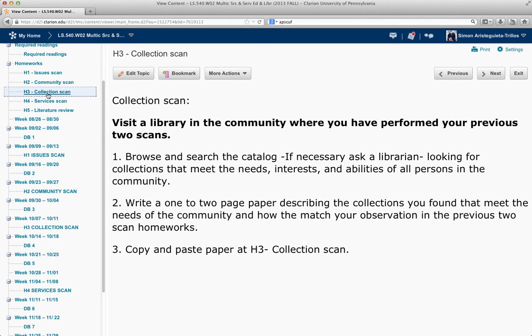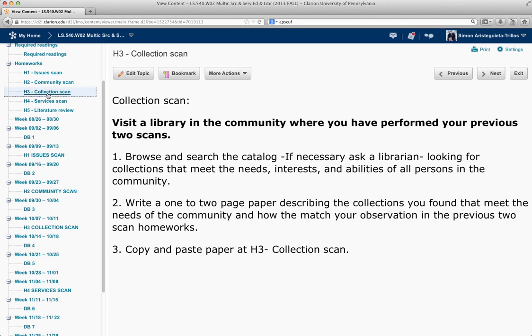homeworks, H1 and H2, because I want you to write a 1 or 2 page paper describing the collections you have found that meet the needs of the community and how they match your observations of your two previous scan homeworks. Okay? So do they match the issues that you found in your community in terms of diversity and multiculturalism?